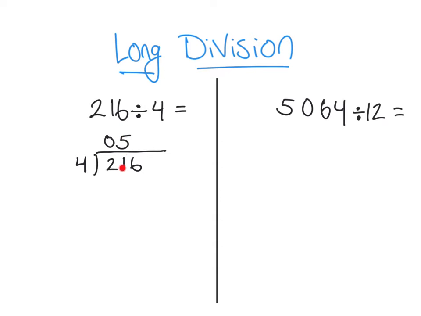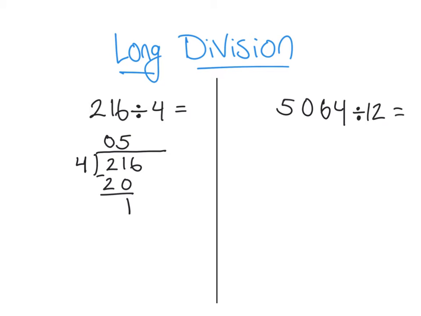We need to make sure we're lining things up. There was a 0 in this place, there's a 5 in this place. And now I do whatever 4 times 5 is and subtract it from 21. So I'm going to write 20 here with my subtraction symbol. 21 minus 20 is 1.